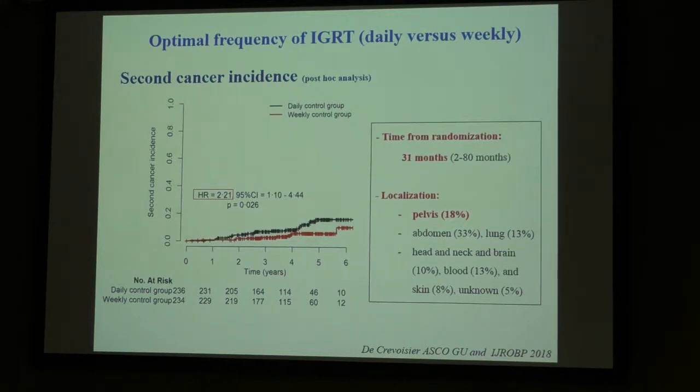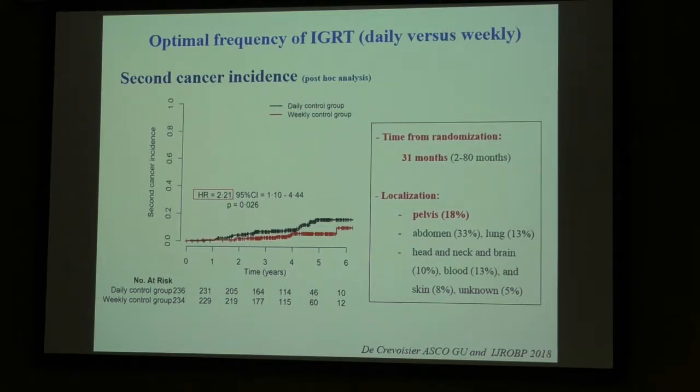But anyway, it was strange, and it was very hard for me to explain and to see that by doing daily IGRT, survival was slightly decreased, also related to the appearance of other cancer, mostly again outside the pelvis.